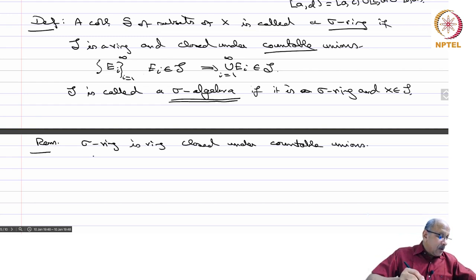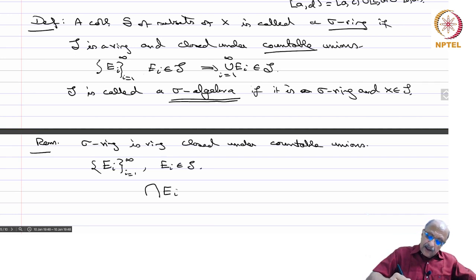Now if you take E_i a countable collection, what is the intersection of E_i, i equals 1 to infinity?